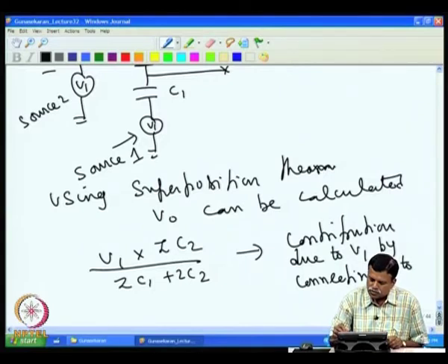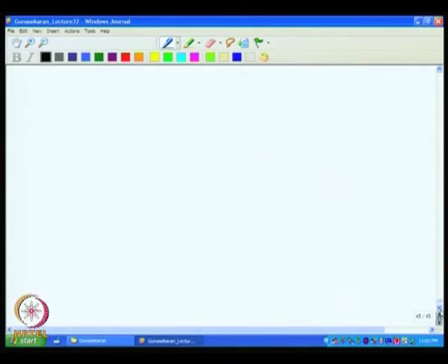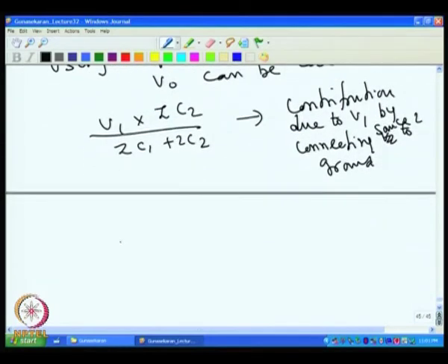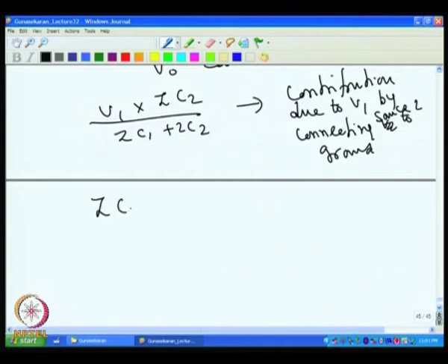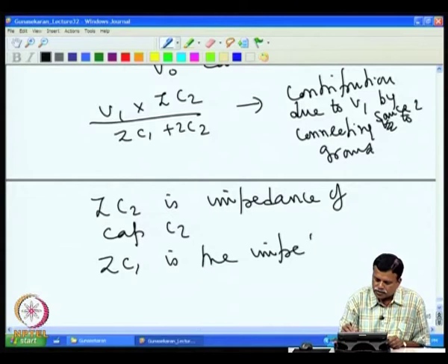Here ZC2 is the impedance of capacitor C2 and ZC1 is the impedance of capacitor C1.